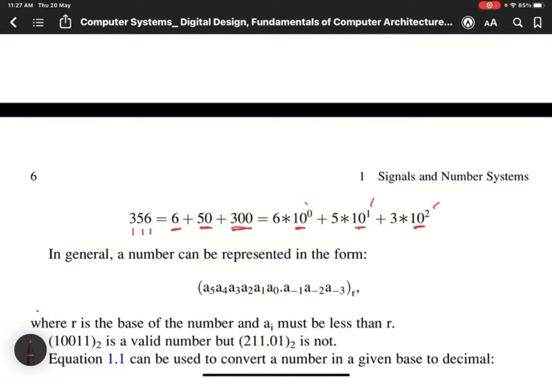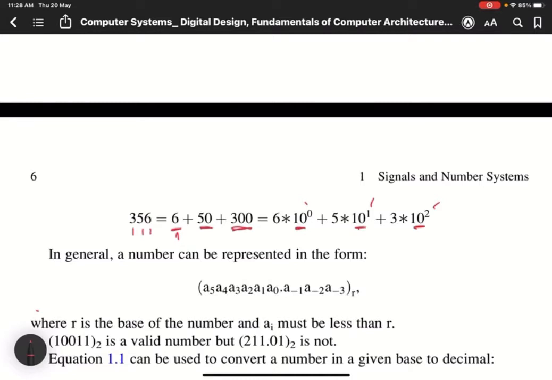For example, 6 is positioned in the ones, so we multiply it by 10 with a 0 exponent. Then the 5, or the 50, its position is in the tens, so we will multiply it by 10 with an exponent of 1.